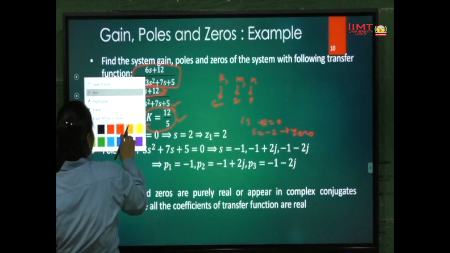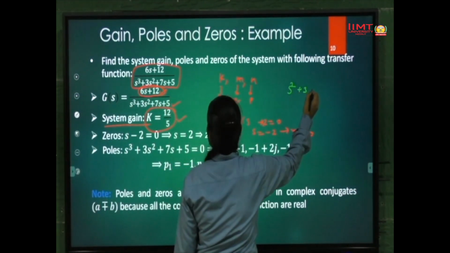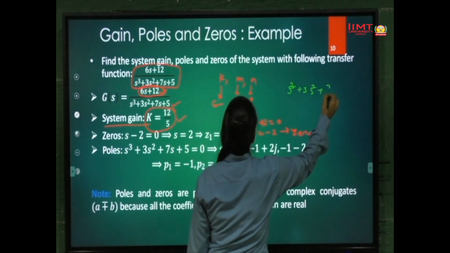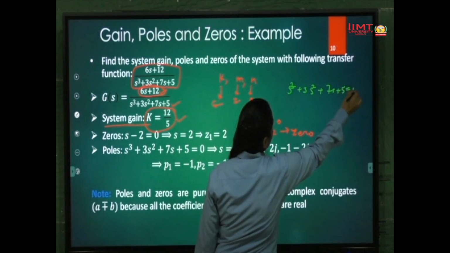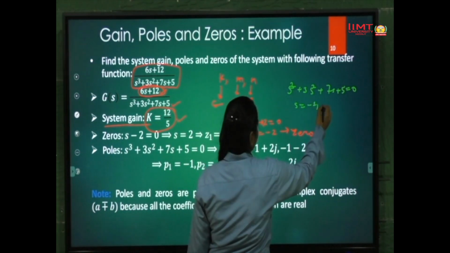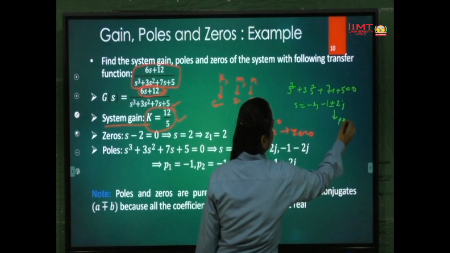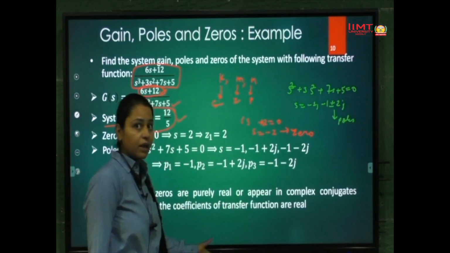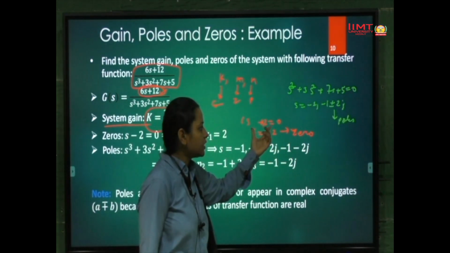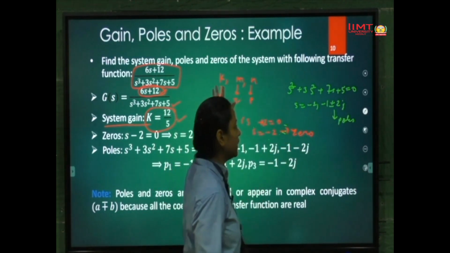And for calculating poles, we put s cube plus 3s square plus 7s plus 5 equal to 0. If we simplify this equation, we get s equal to minus 1 and minus 1 plus minus 2j. So these are the poles of the system. For calculating poles we simply put the denominator equal to 0, and for calculating zeros we simply put the numerator equal to 0. So here we have 1 zero and 3 poles for this particular system.